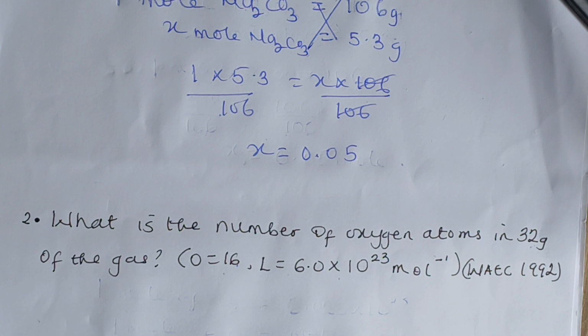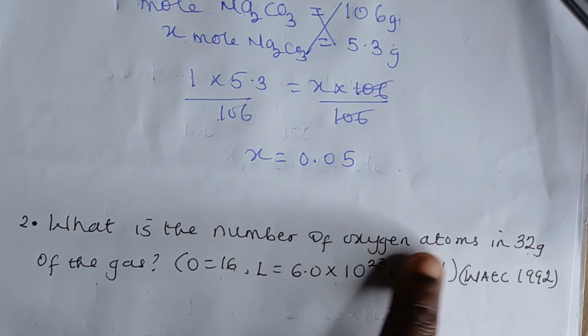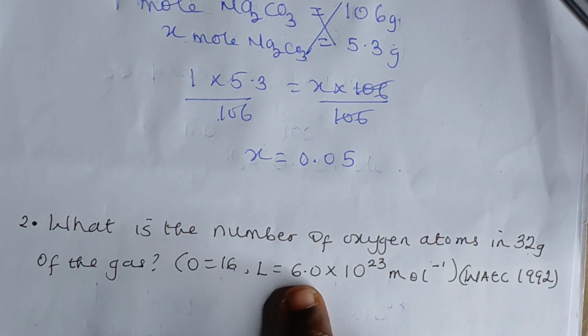This is WAEC 1992. We are dealing with the element oxygen, and they are asking what is the number of oxygen atoms. The Avogadro's number here can be for atoms, ions, or molecules. Now, we are asking what is the number of atoms in 32 gram of a gas?